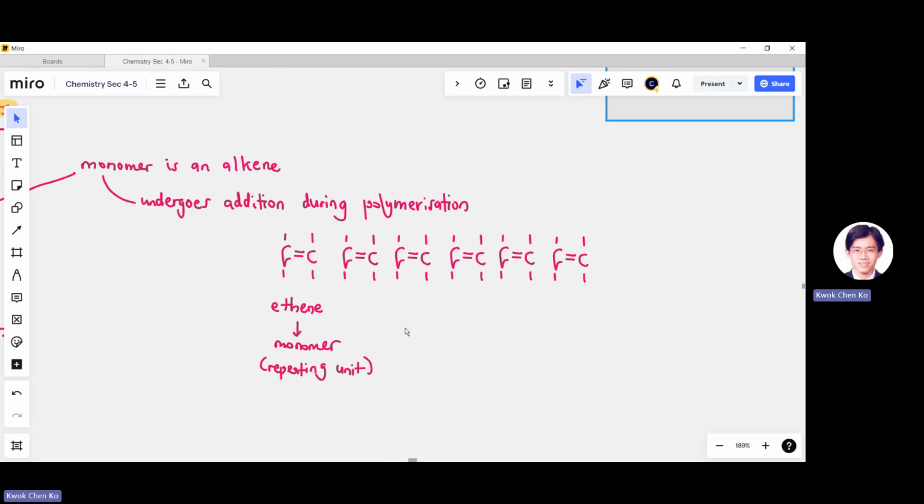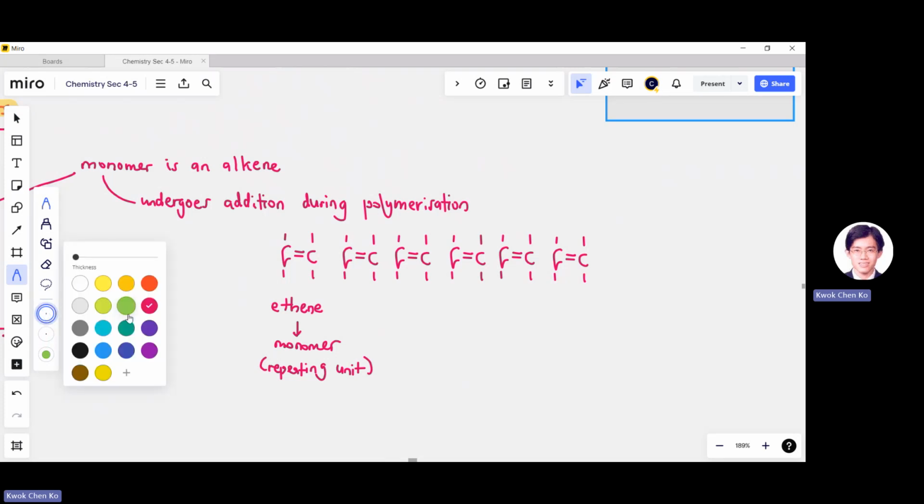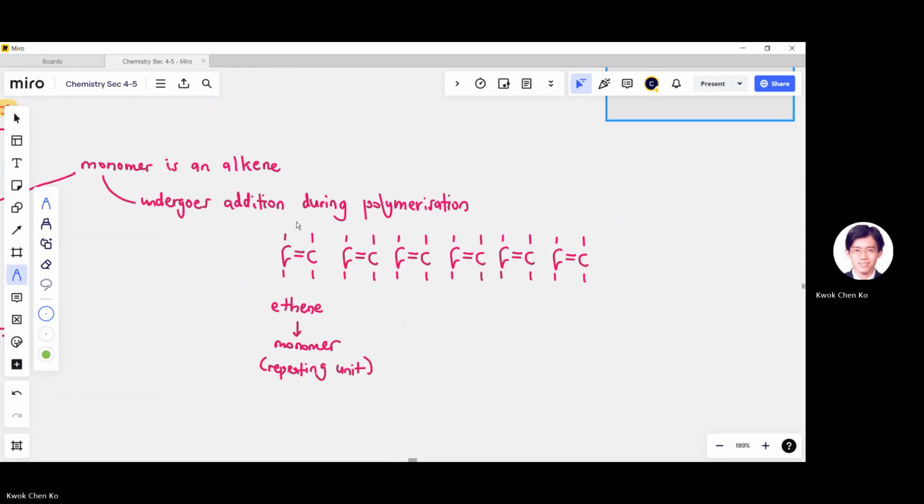And then, what are the conditions for polymerization? I did mention it, but it's okay if you forget. Polymerization typically runs at high temperature. No need to know the temperature. High pressure.